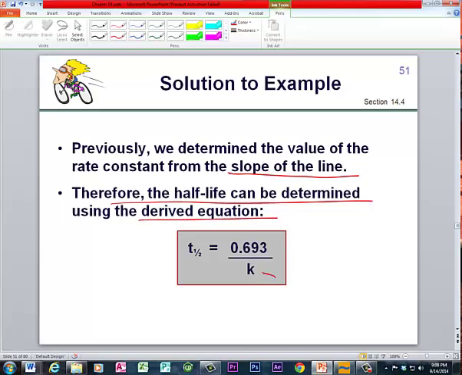If I know what K is, I can determine the half-life for a first order reaction. Also, if I know the half-life, I can determine K. So I could rearrange this expression, solve for K, K equals 0.693 divided by T 1/2. If I know the half-life, I can solve for K.